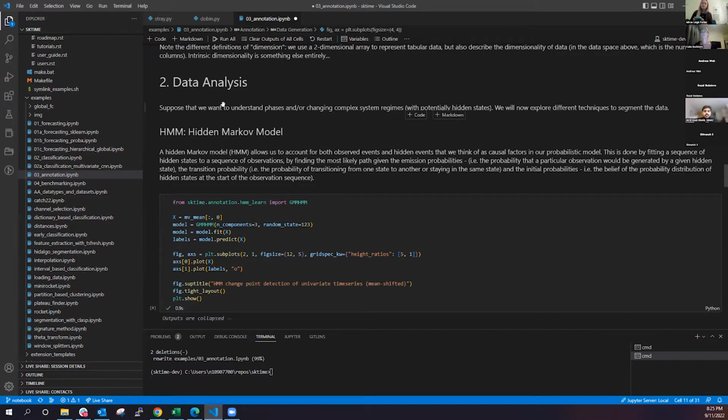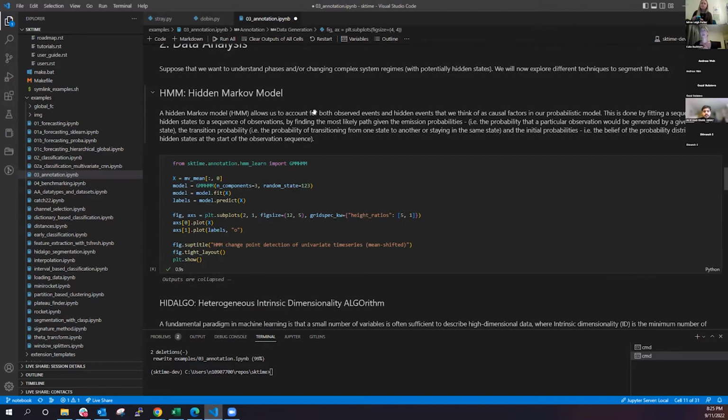The first way we'll do this is with what's called a hidden Markov model. This allows us to account for observed events that have hidden events within the probabilistic model that cause them.